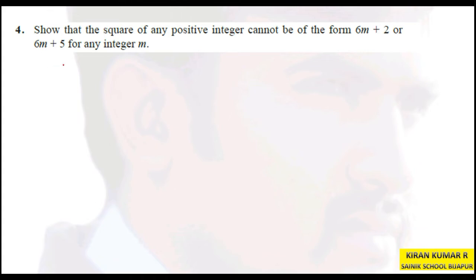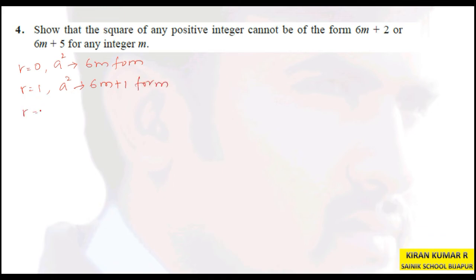If you try, you must be getting squares. When r is say 0, a square will become like 6m form. For r equal to 1, the square of the number a square will be of the form 6m plus 1.